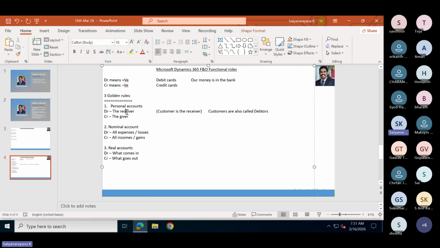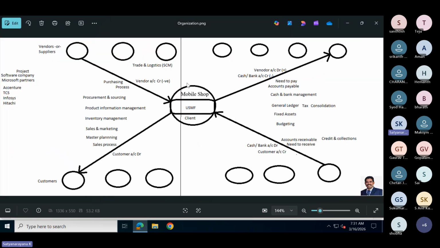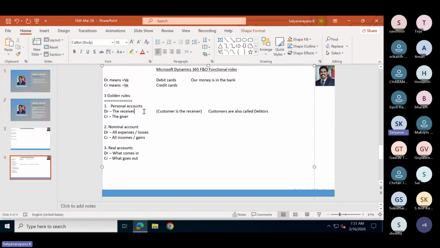Because of the receiver, you learned this golden rule, personal accounts, debit the receiver. This is your company. From your company, the customer is receiving. That is the rule you learned. Debit the receiver. This is not designed by me. This is designed by commerce experts across the globe.